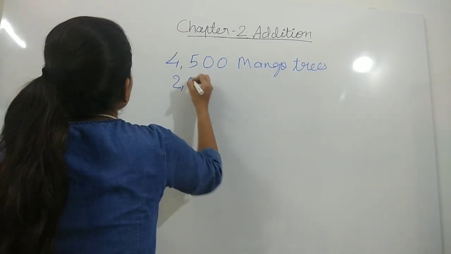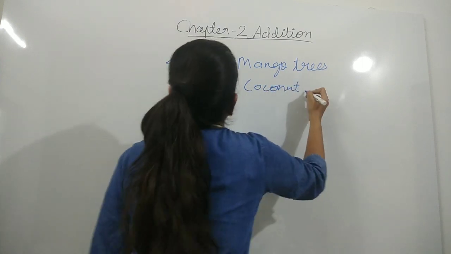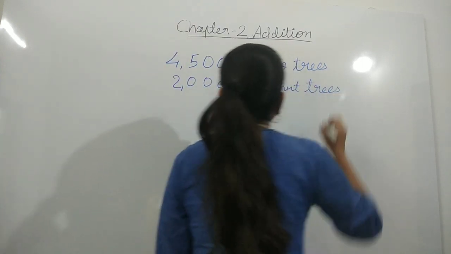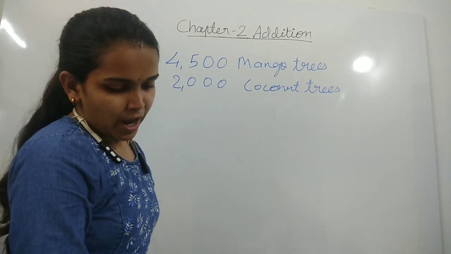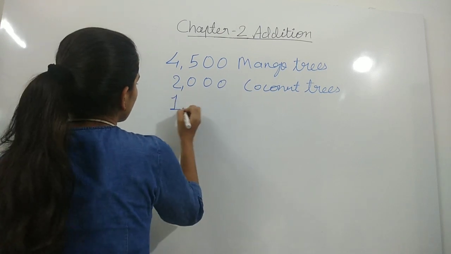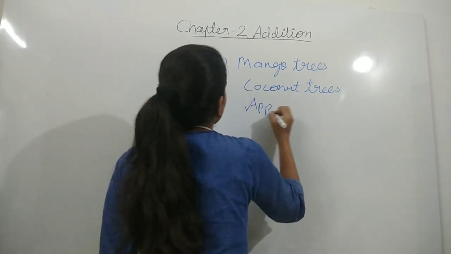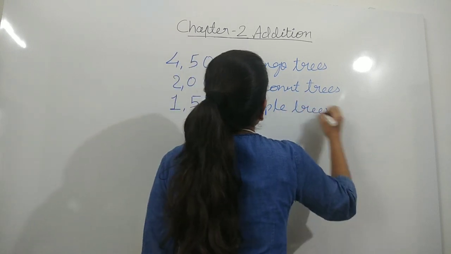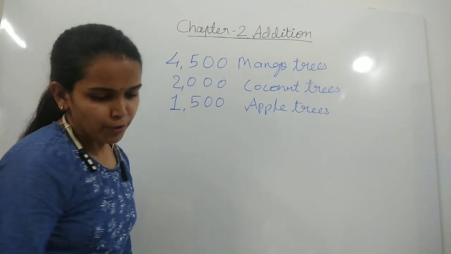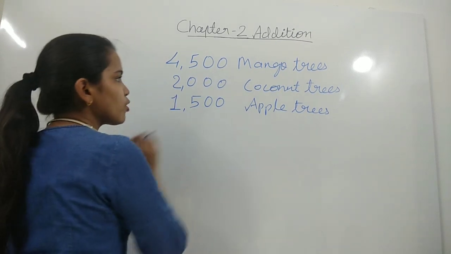In that garden, coconut trees were also there, and it is given 2,000 coconut trees. And 1,500 apple trees. Okay, and we have to find the total number of trees in the garden.